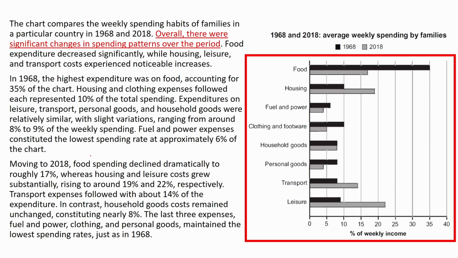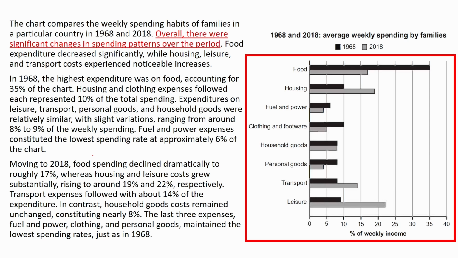Let's continue with the overview. So we said that all of them changed over the period except for household goods. So we can say something like this. Overall, there were significant changes in spending patterns over the period, but we need to be a little bit more specific because the first sentence does not clarify the changes, and that's considered a lazy overview because it's not clear what changes happened over the period.